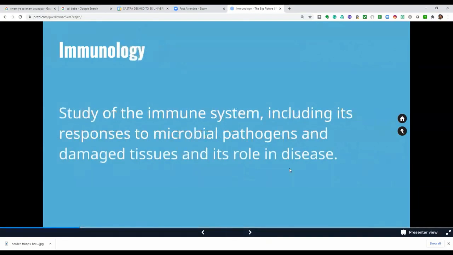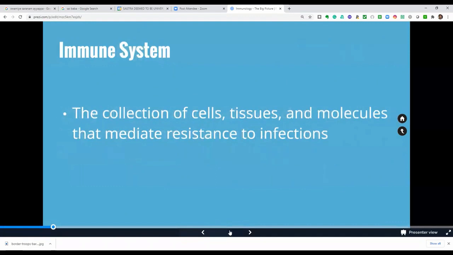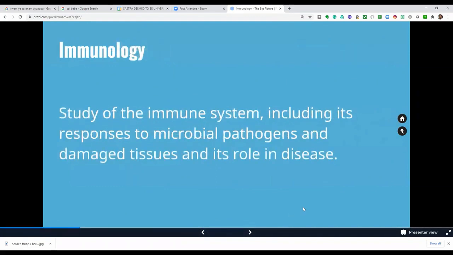Moving on, what is meant by immunology? We have just seen what immunity is and what the immune system is. Now, what is immunology? Immunology is the study of the immune system, including its responses to microbial pathogens and damaged tissues, and its role in diseases.